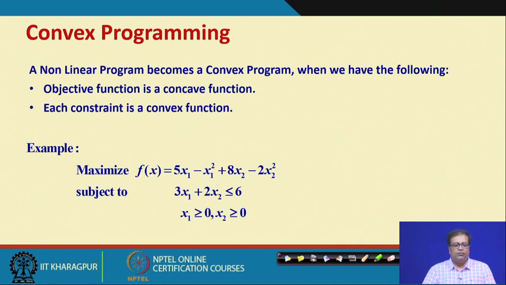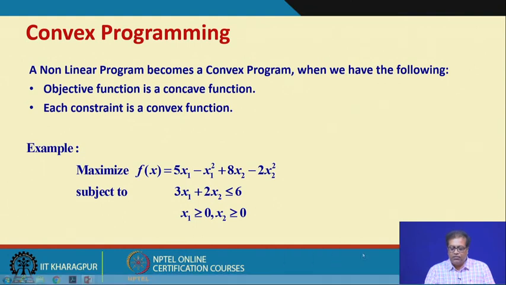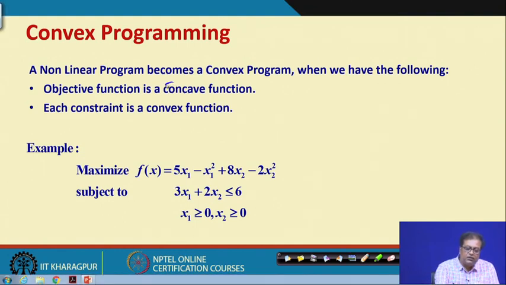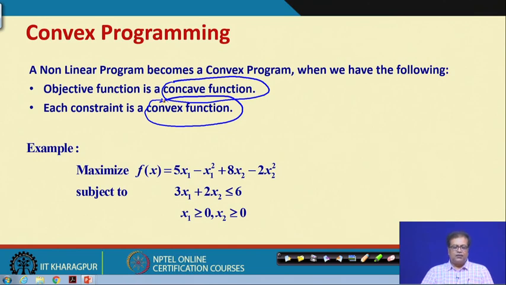Essentially, for a nonlinear program to become a convex program, we must have two things. Number one, the objective function should be a concave function and each constraint should be convex. Convex means it could be linear also, because linear is both convex and concave.